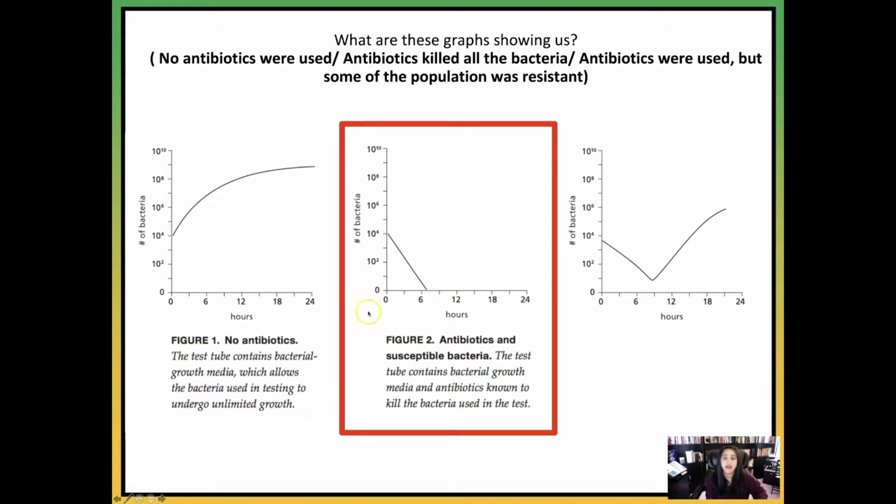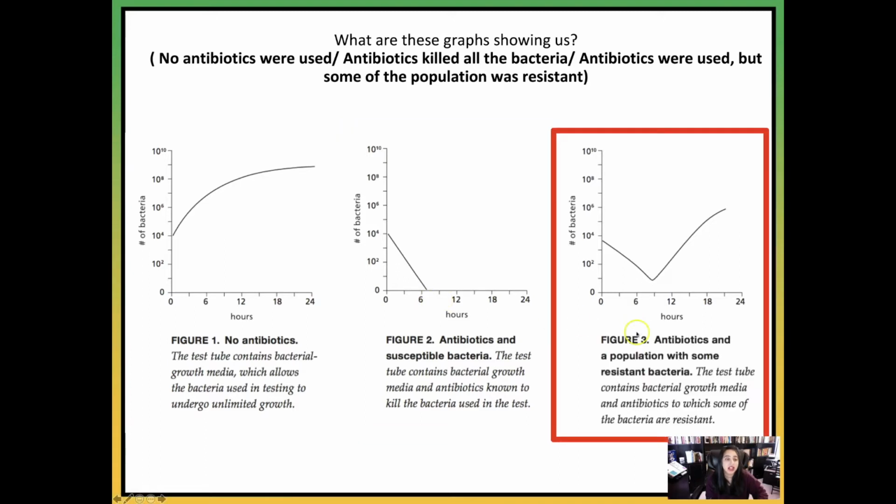So within 6 hours, the amount of bacteria decreased exponentially. And then here you can see that the antibiotics were used, and so it decreased the population of bacteria, but we must have had some resistant bacteria because then the amount of bacteria started to increase again. So you can see what those graphs would look like.